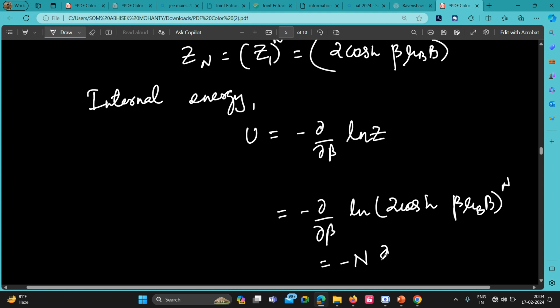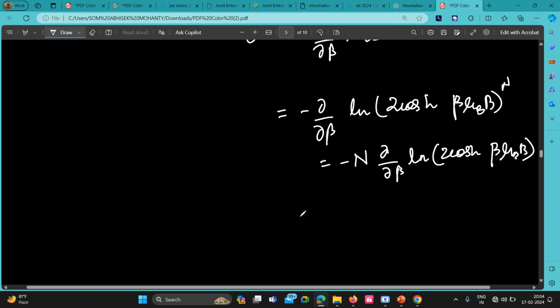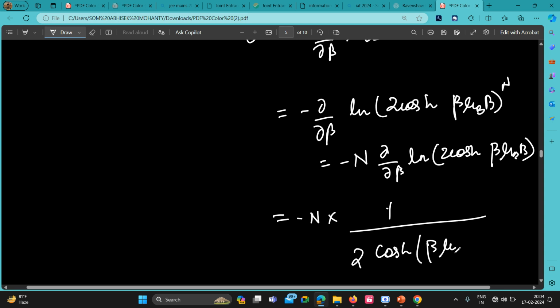So minus N del by del beta of ln 2 cos hyperbolic beta mu B. Now I'll take the derivative: minus N into 1 by 2 cos hyperbolic beta mu B, and the derivative of 2 cos hyperbolic is 2 sine hyperbolic. There is no negative in the differentiation of hyperbolic functions. Into mu B.